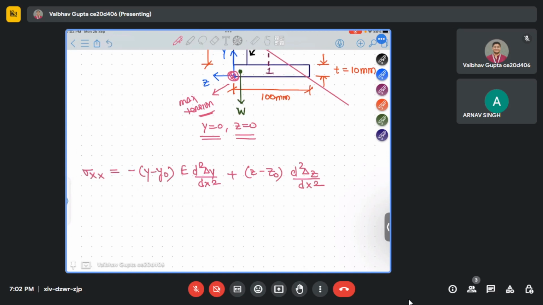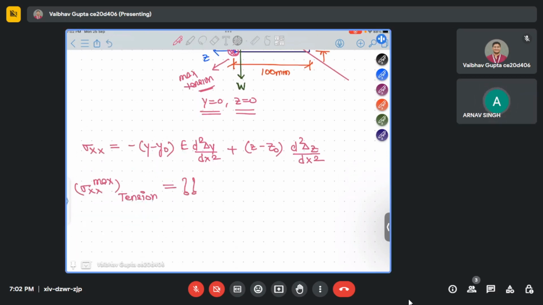So now you have to find sigma xx max in tension. For this, y is equal to 0, z is equal to 0. I told you how you got this. Any doubt in this?